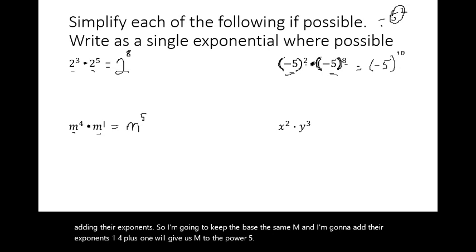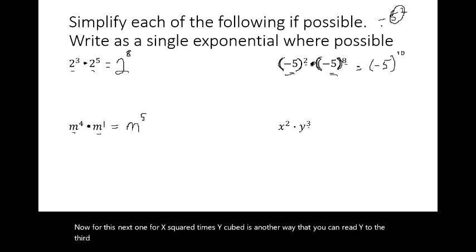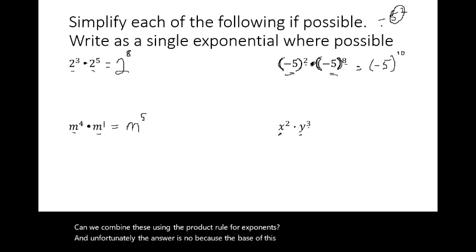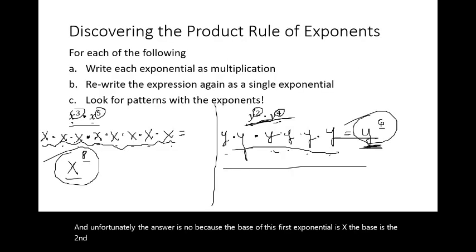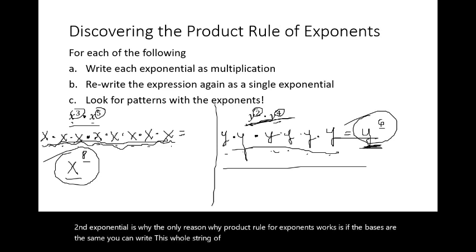Now for this next one, for x squared times y cubed. Cubed is another way that you can read y to the third power. Can we combine these using the product rule for exponents? And unfortunately, the answer is no, because the base of this first exponential is x, the base of the second exponential is y. The only reason why the product rule for exponents works is if the bases are the same, you can write this whole string of repeated multiplication as a single exponent.